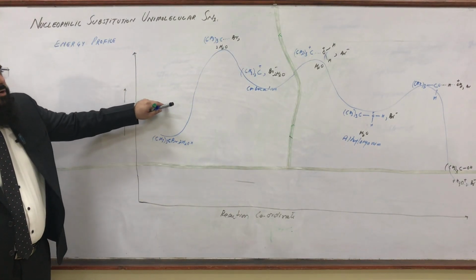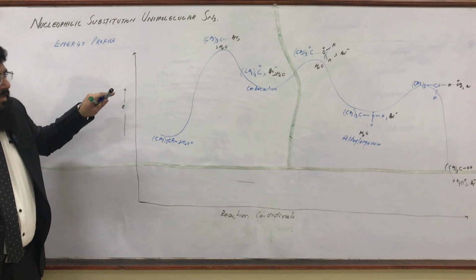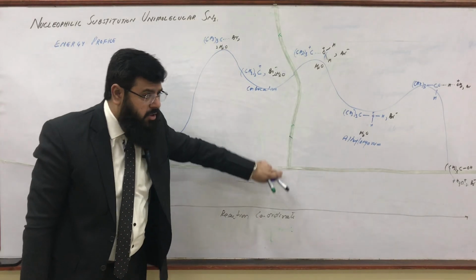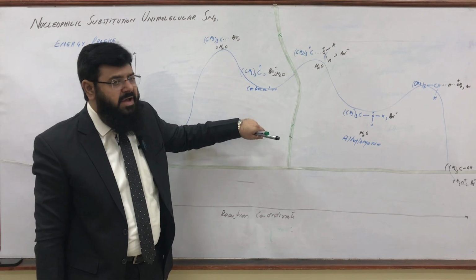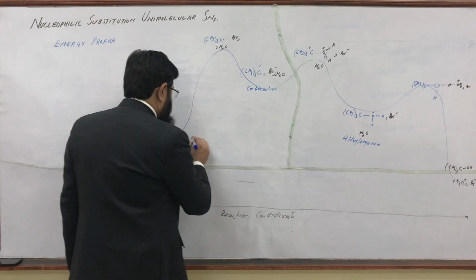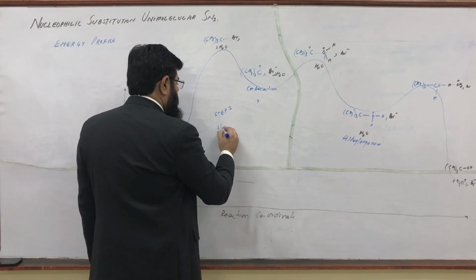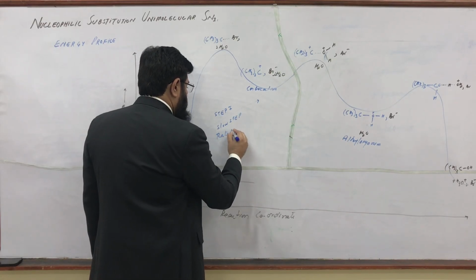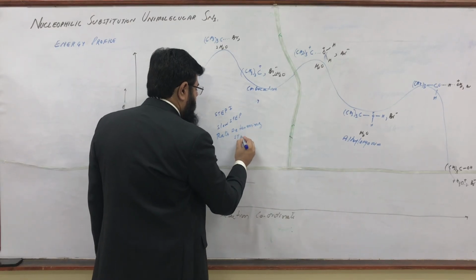This is a much more complicated diagram as compared to SN2 reaction mechanism. In SN2 mechanism, we studied just the reactant, the transition state, and the product. Sometimes this energy profile diagram is included as a long question. You have to keep in mind that from here to here is step 1. This is the slow step, also called the rate determining step.